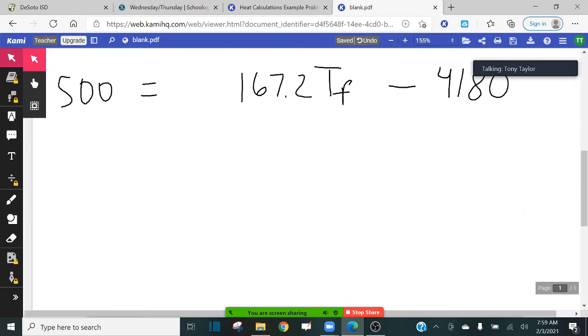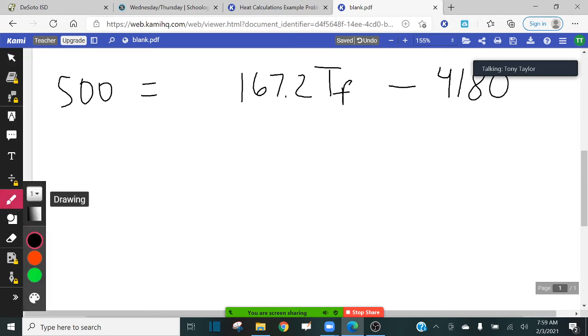Okay. Let's keep going. Remember, our goal is to get the final temperature by itself. So let's keep doing the algebra. Okay. Y'all see this negative 4,180? I need to move that to the other side of the equal sign. In order to do that, I have to do the opposite of subtraction, which is to add. When I do that, that goes away.